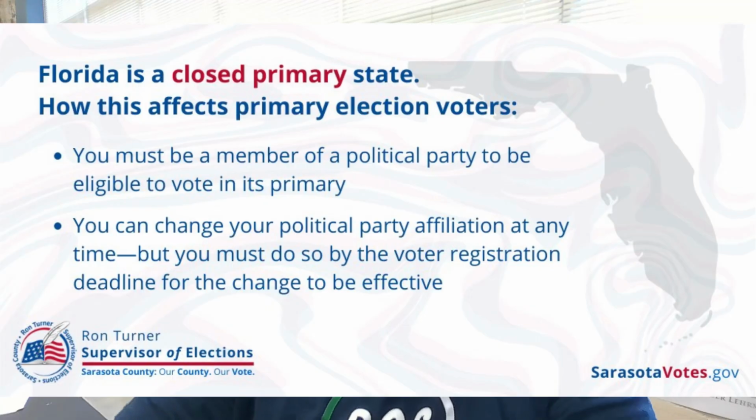Now, it's important to understand that there are different types of primaries in the American election cycle. All right, we're going to talk about 4 major ones. First off, you have the closed primary. In a closed primary, only declared party members have the ability to vote.